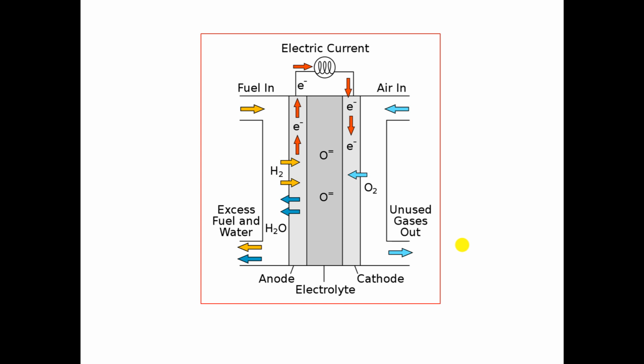At the cathode, oxygen is reduced into oxygen ions, and at the anode, hydrogen is oxidized to water. Oxygen ions flow through the electrolyte, and this cycle will continue as long as the supply of fuel and oxidant is there.